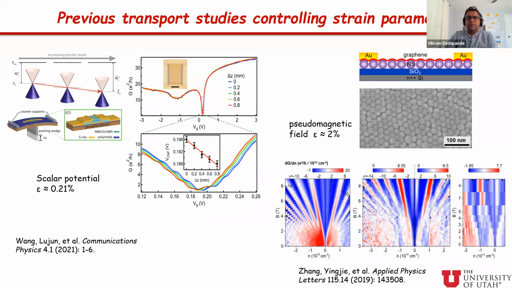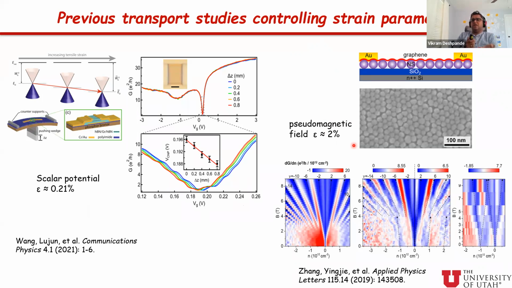Other work, out of Illinois, created a strain superlattice by arraying graphene on arrays of nanoparticles. And I'm only mentioning two out of possibly more transport-based studies using strain as a controllable parameter.